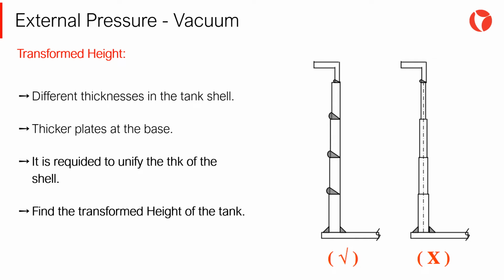The vast majority of storage tanks are designed with shells of variable thicknesses, thicker courses at the bottom and thinner shell courses at the top. To evaluate the effects of the external pressure on the tank shell, it is necessary to unify the thickness of the tank shell courses and find the new total tank height.